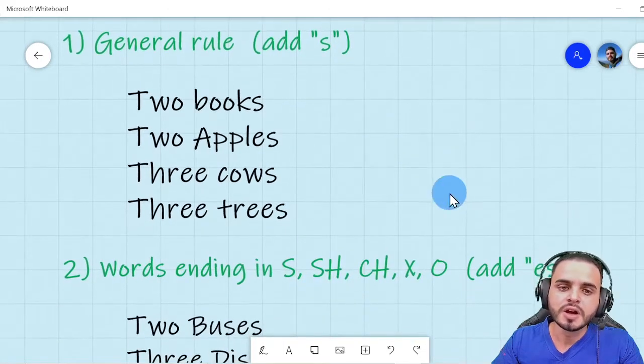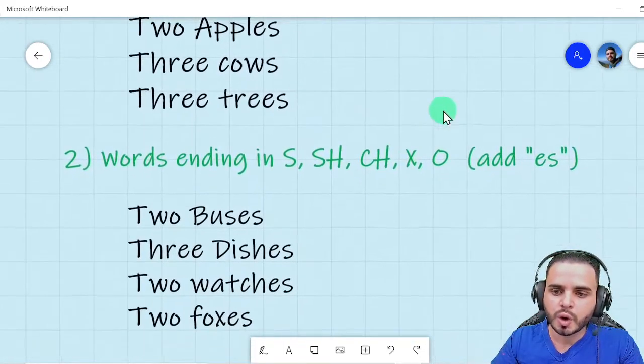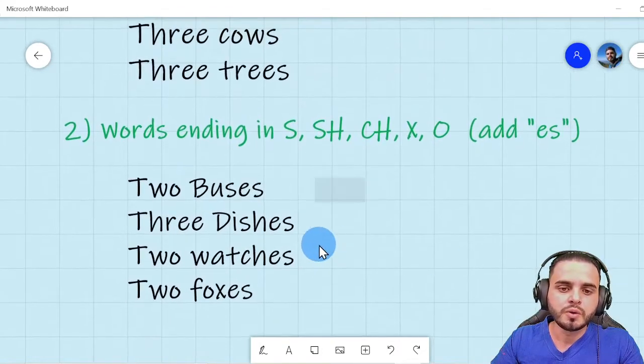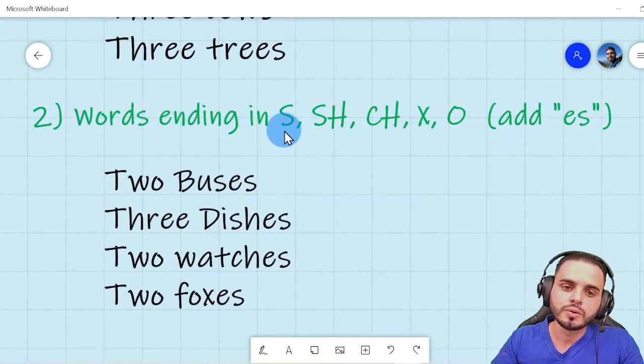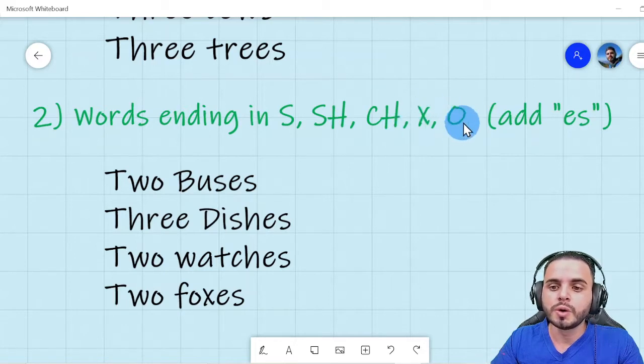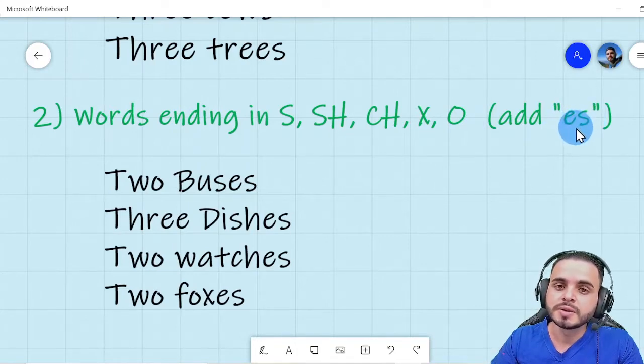Okay, now we're going to go over the second rule, because the second rule says that if we see a noun with any of these endings, it could be S, SH, CH, X, or the letter O, then we're going to add ES. So it's not just an S, but ES.